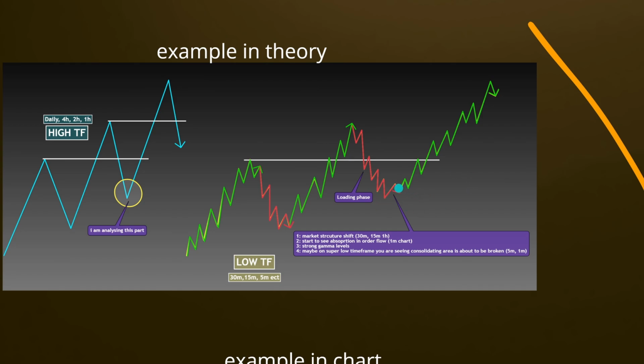So here you start seeing market structure shift, plus absorption on the order flow, plus a strong gamma level in this area, plus maybe on this super low time frame you are seeing a consolidating area about to be broken on the 5 minute or 1 minute. Price on the 1 minute may make a consolidating area and it's about to break. So now you have four things to follow, so you know the loading phase is about to end.